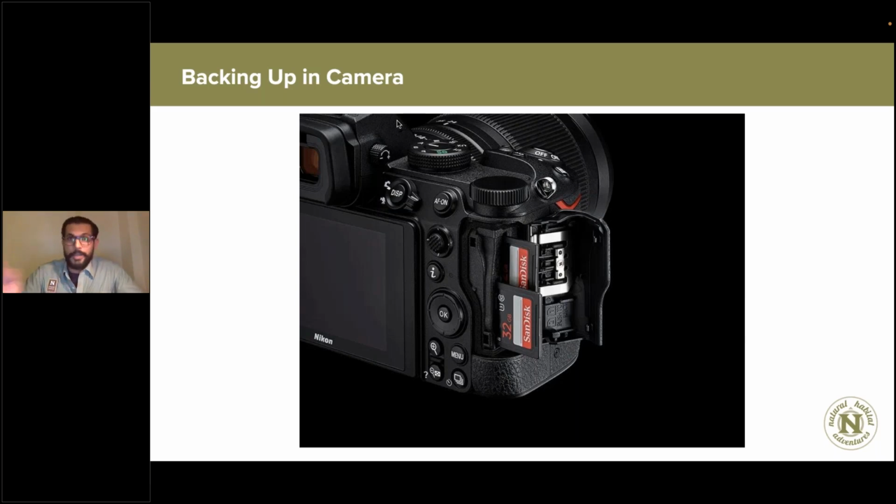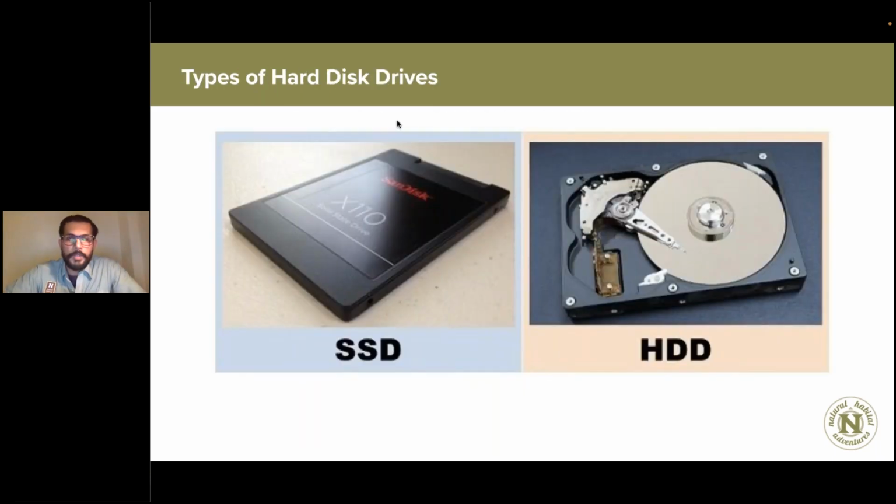But even in case they don't, everything has been backed up, so I won't lose anything besides the cards themselves. So you can start backing up straight from the camera by having multiple cards and selecting options to turn one into the backup card, so you have all your pictures written onto two different cards at the same time.